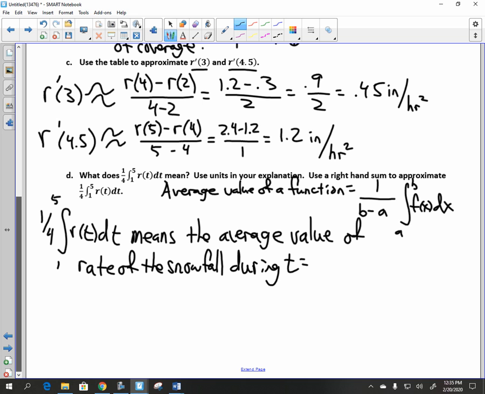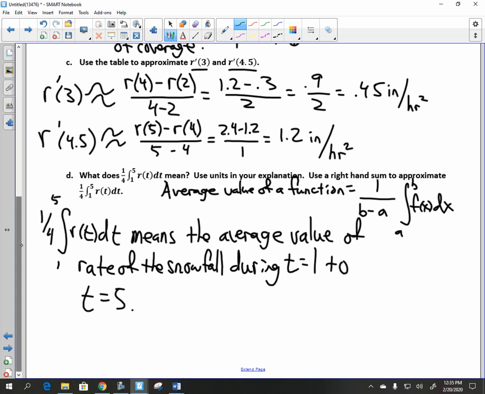What time period are we talking about? Nope. 1 to 5. Time equals 1, time equals 5. That's what it is.